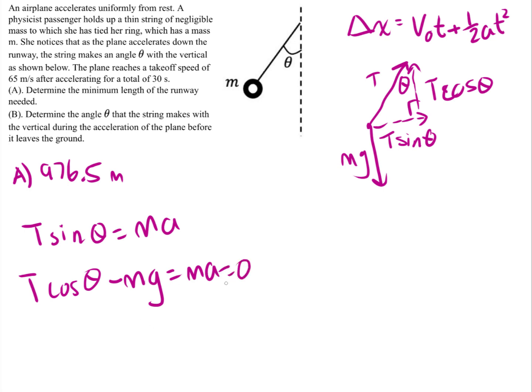And that is equal to 0, since in the vertical direction it is not moving at all. So the acceleration in the vertical direction is 0. So in this case, the tension times the cosine of theta is simply equal to mg, or the weight of the ring.